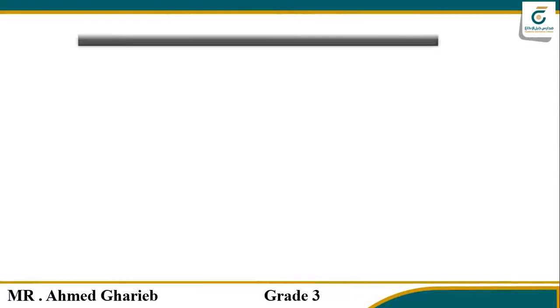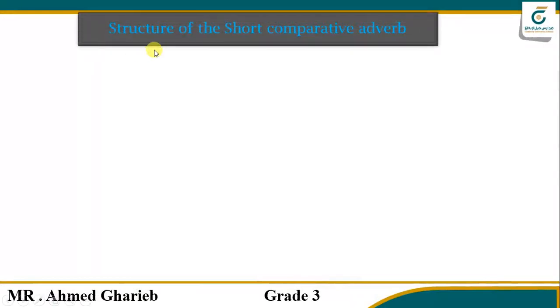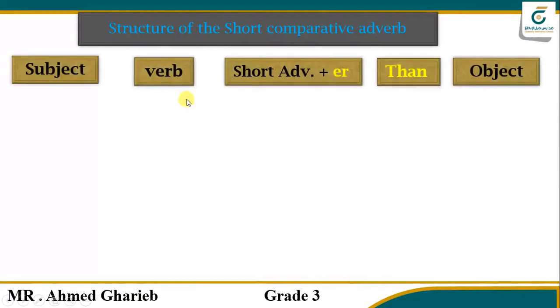Let me tell you how is the structure of the short comparative adverb. How is the sentence? How to form it? The whole sentence. So the sentence of the comparative adverb can be like this: subject, verb, short adverb er than, object, noun, noun, or maybe pronouns.